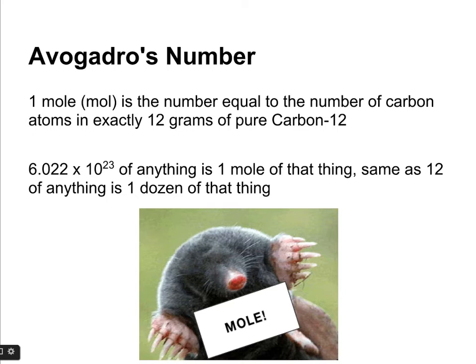Anytime we've got 6.022 times 10 to the 23rd of anything, that's called 1 mole. Same as whenever we've got 12 of anything, we can say we have 1 dozen.